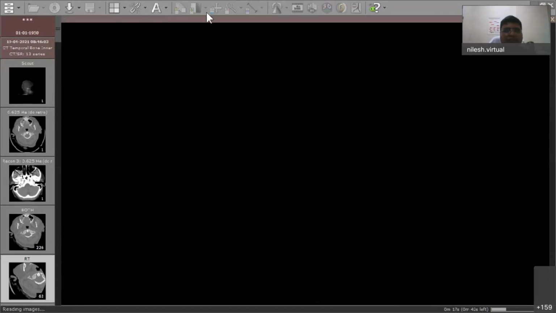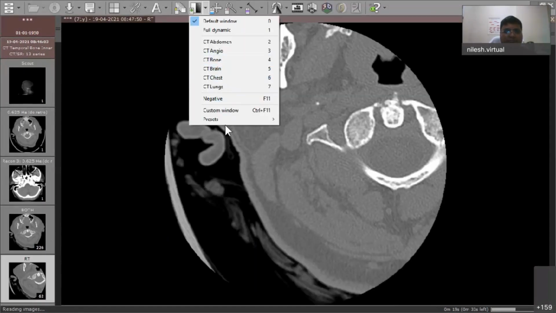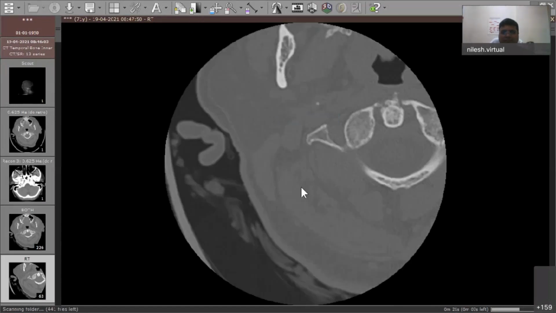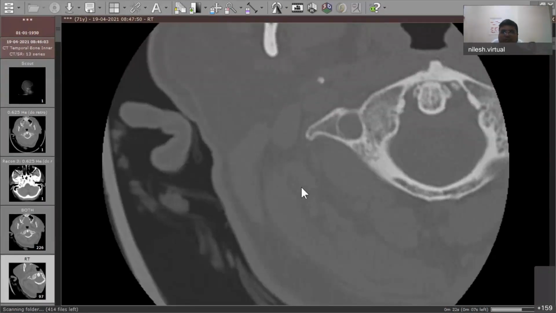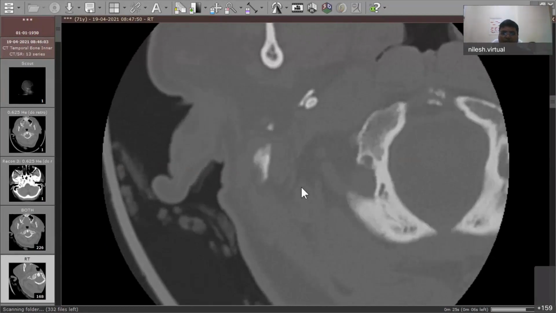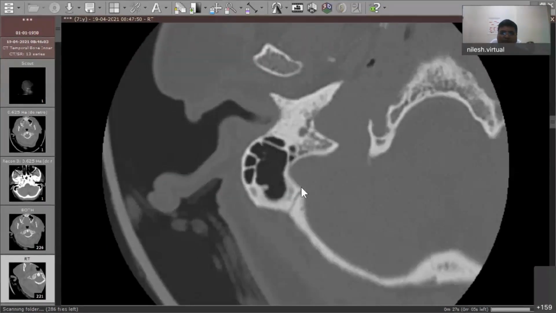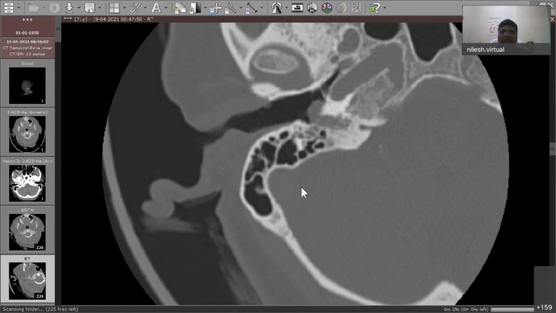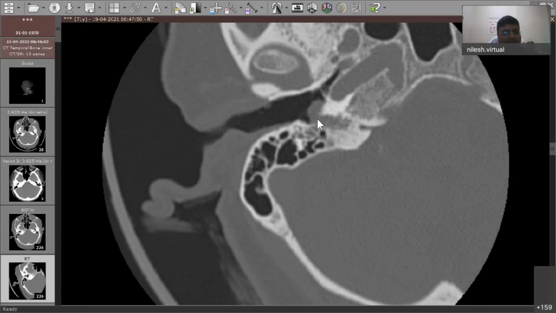Right side region. So we'll come to the middle ear first, find out the mass. Yeah. So this is the mass in the middle ear. You are seeing it is sitting over the promontory. Then you have to see the extent of the mass.